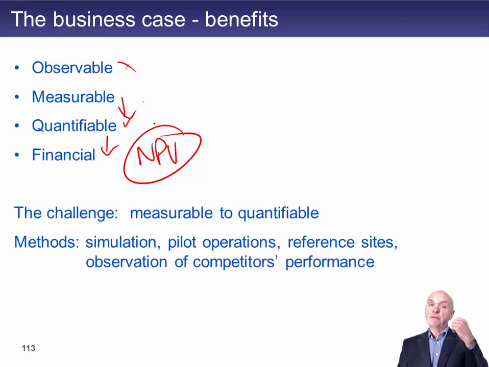And if sales have increased 20% in one outlet, then it's probably a reasonable assumption that they would increase 20% in all of the outlets, and therefore we can effectively turn the measurable benefit into a quantifiable benefit, which we can use to evaluate maybe extending the project to all of these outlets. Sometimes suppliers will take you to reference sites.